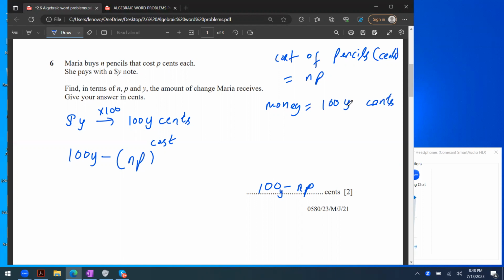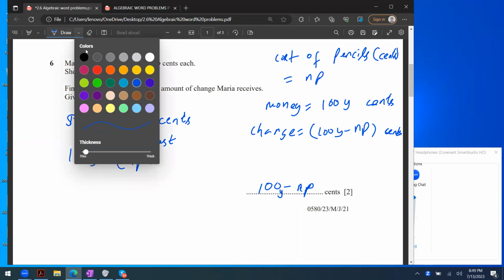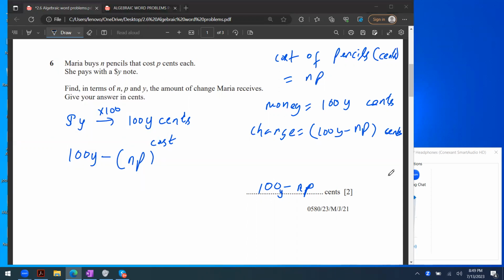So whatever the amount of dollars she has, 100Y cents. So the change she gets is 100Y minus NP, in cents. Still any doubt? Anyone? No problem, we'll move on then.